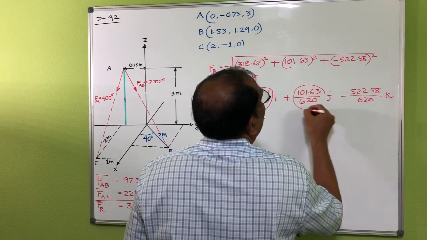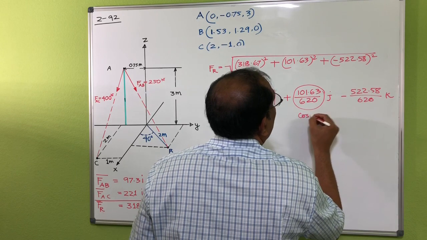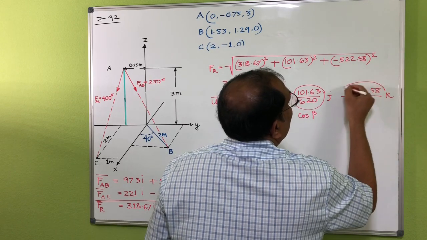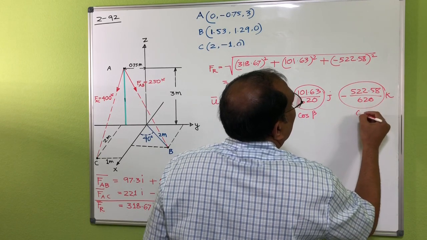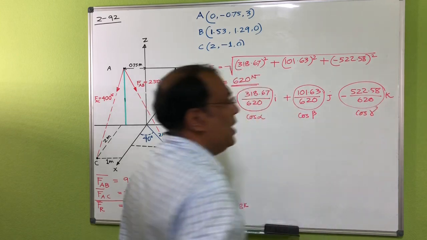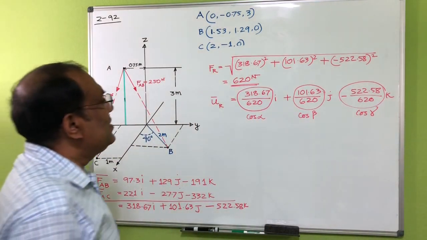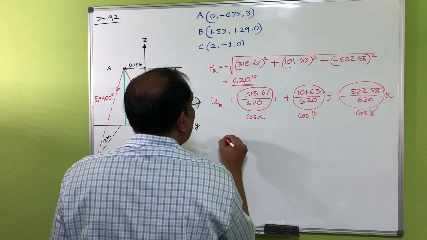This is your cosine beta. And this is your cosine gamma. Okay?